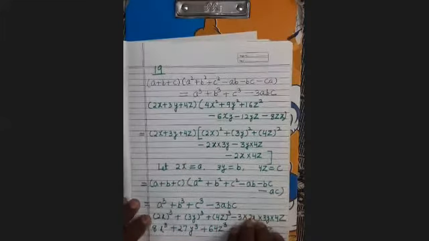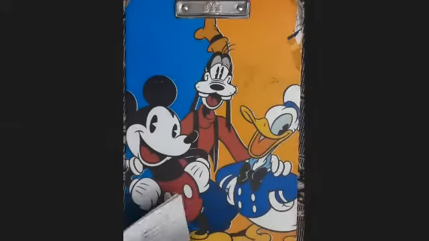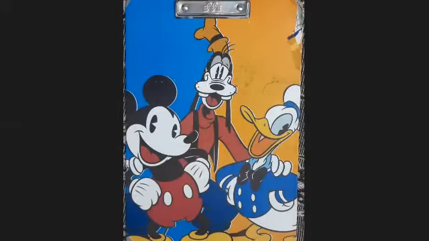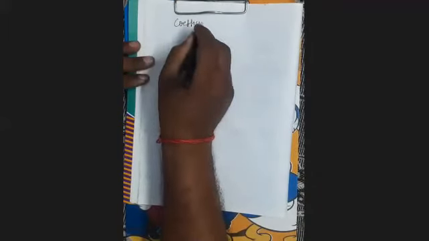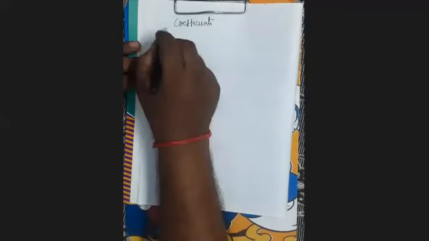Now you can see here, in the next question, 20 and 21, you have to find the coefficients of x square and x. So first you should know the meaning of coefficients. Coefficients means the number attached with every term.